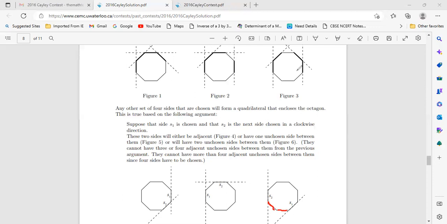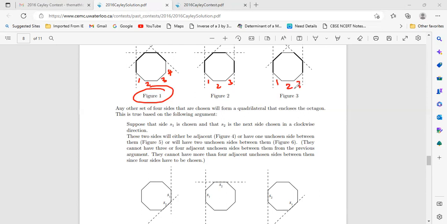Can you follow this? They're saying that they cannot have three or four adjacent unchosen sides between them, from the previous argument. If you look at figure 1, they didn't choose four sides and couldn't get the result. Here also they couldn't choose three consecutive adjacent sides, and they didn't get the result.